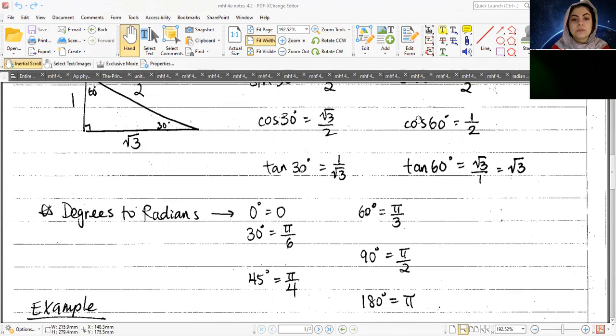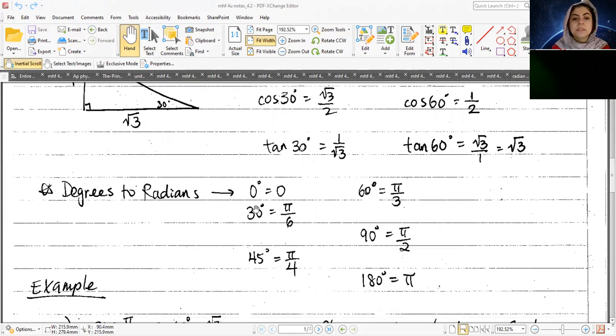Please ask me a question if you still don't know it. I did explain to you how to convert from degree to radian, right? Just put it one more time. Let's say you want to do 45. This is 45 in degrees. You have to multiply it by a ratio. I know 180 degrees is pi in radian.